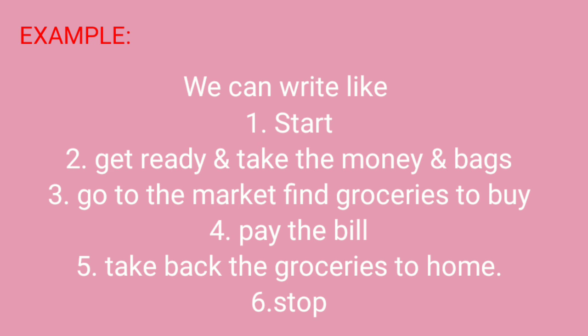Next, take the bag of groceries home, and finally stop. This is the rule of the algorithm. The first step in an algorithm is start and the last step is stop or end. That's your wish. Okay, and next, move forward.